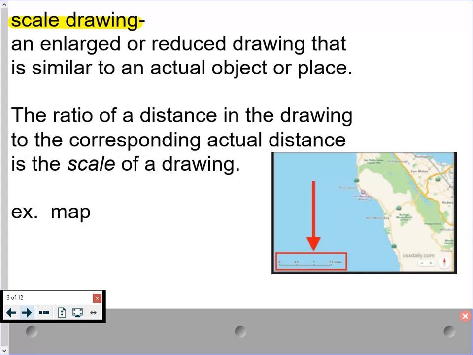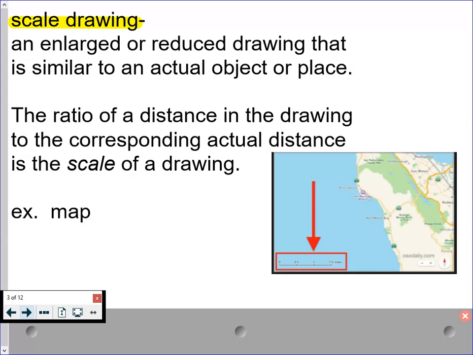So, a scale drawing. An enlarged or a reduced drawing that is similar to the actual object or place. You might need to pause to write, and that's okay. You might see the picture of this map.